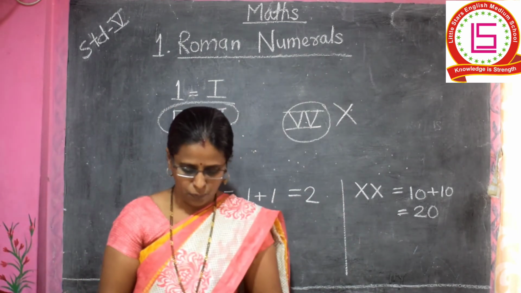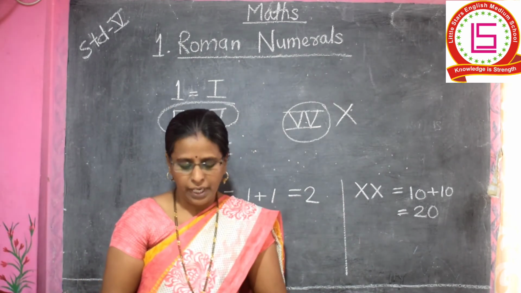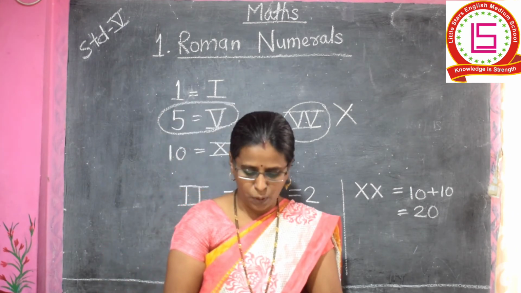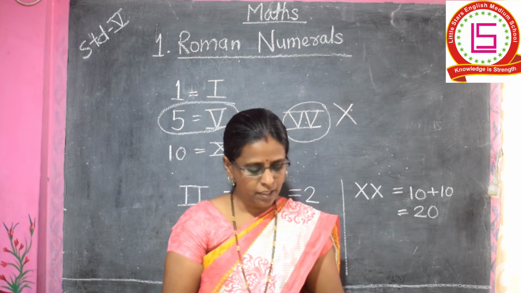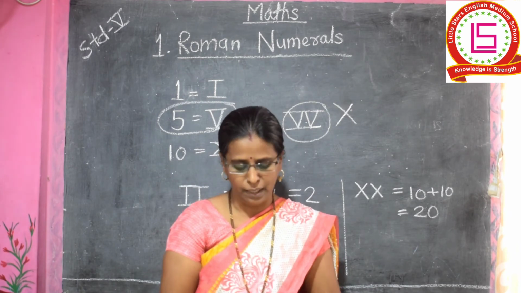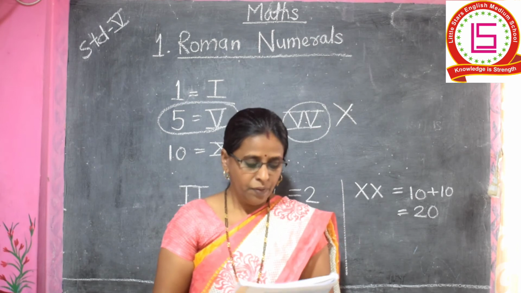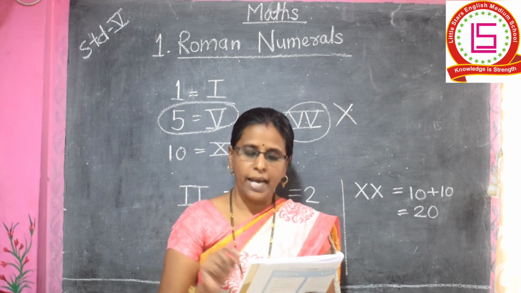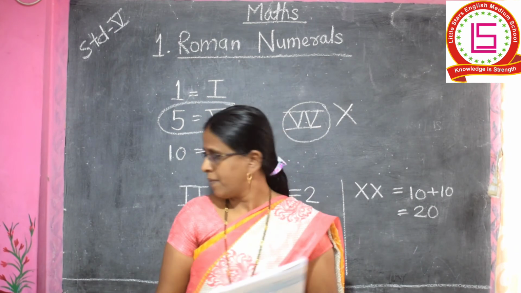Then the third rule: When either I or V is written on the right of the symbol of a bigger number, its value is added to the value of the bigger number.